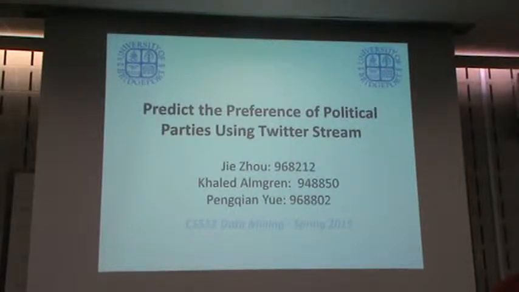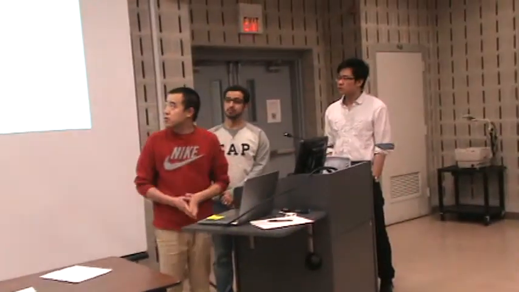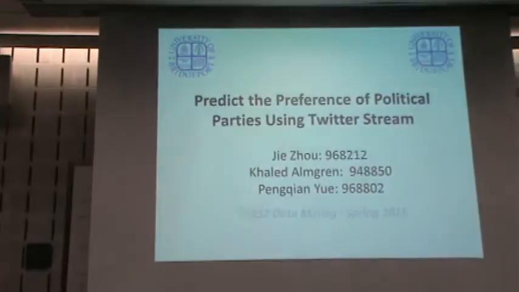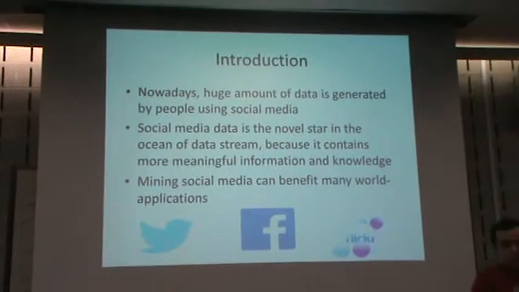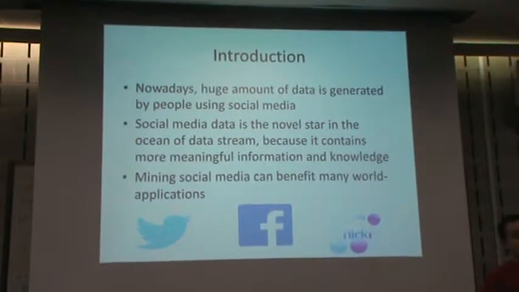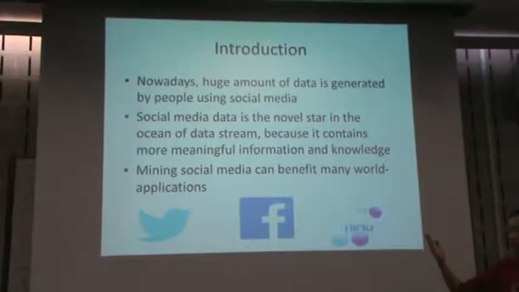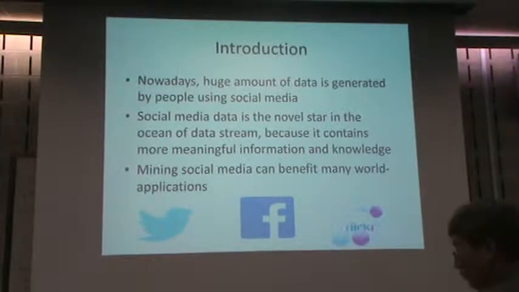Our project is to predict the preference of political parties using Twitter streams. Introduction: a lot of data mining projects are based on social media data, like Facebook, Flickr, and Twitter. Why did we choose Twitter?